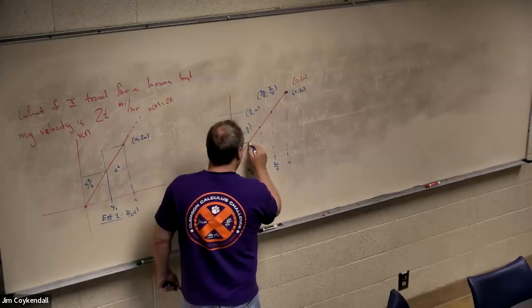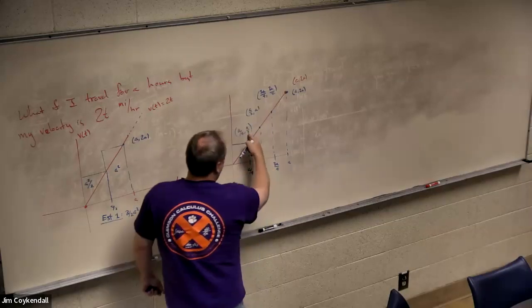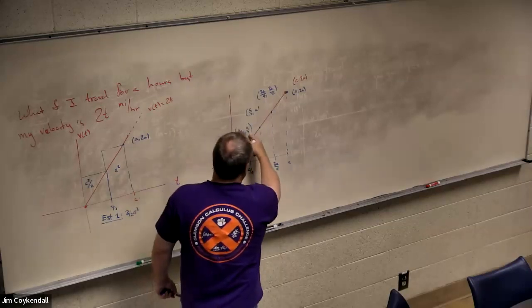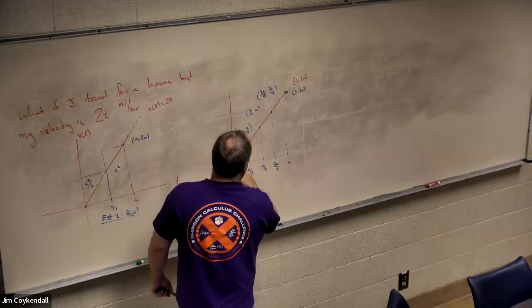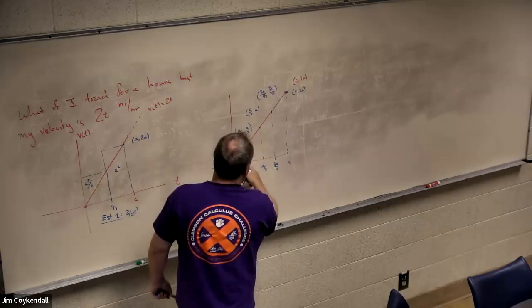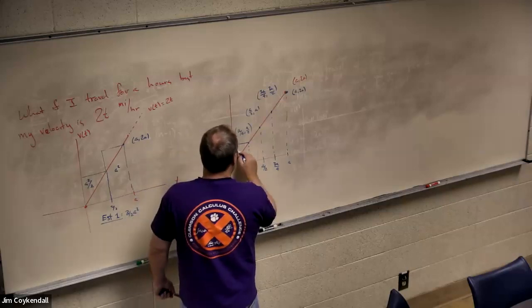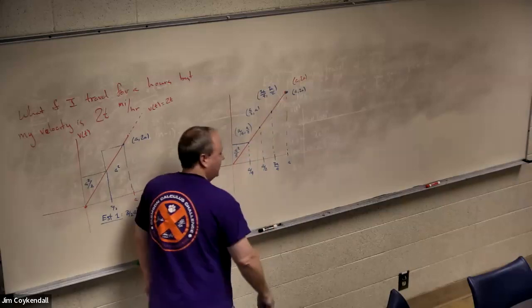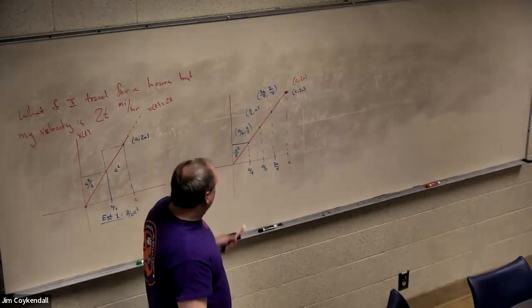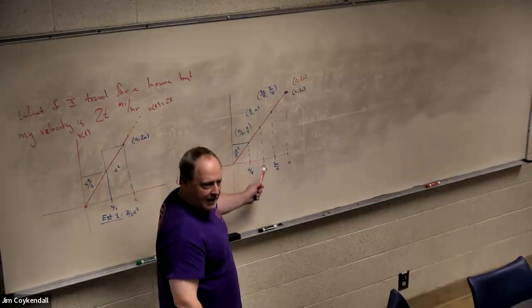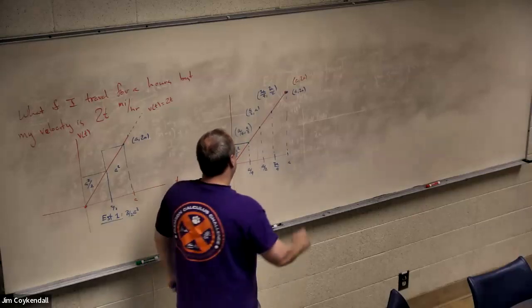I measure my speed there. My speed is A over 2, and the width of the box is A over 4, and I travel that, so distance is speed times time, which is going to be A squared over 8. So my estimate is I travel A squared over 8 in this first bit.